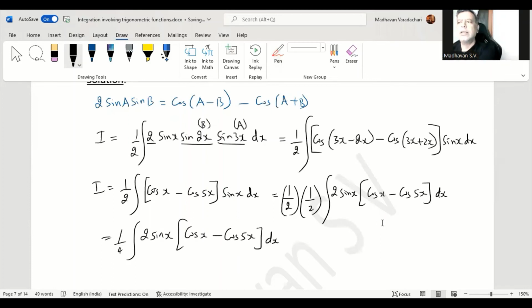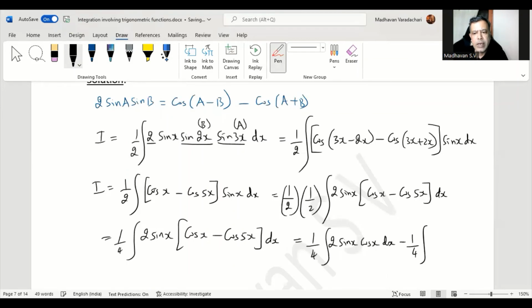Now let us make 2 separate integrals. This will become 1 by 4 times the integral of 2 sin x cos x dx minus 1 by 4 again the integral of 2 sin x cos 5x dx.